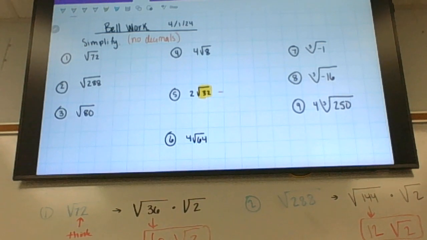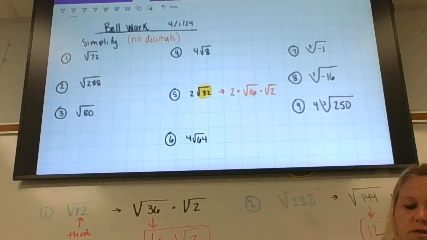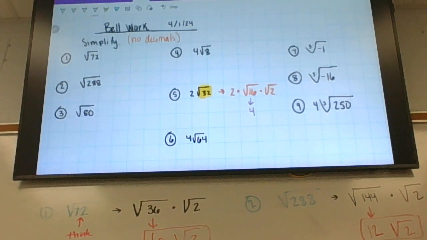So I'm going to rewrite this, the 2 outside, and 32 I'm going to rewrite as the square root of 16 times the square root of 2. It's still 32. Now, like I said before, the square root of 16 is 4. That's 16 square rooted.